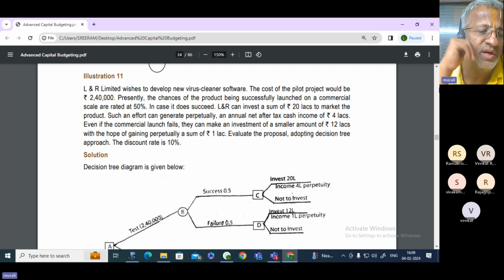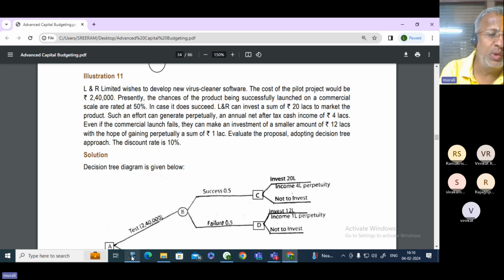Such an effort can generate perpetually an annual net after-tax cash flow of 4 lakhs. And if the launch fails, they can make an investment of a smaller amount of 12 lakhs with the hope of gaining perpetually a sum of 1 lakh. Evaluate the proposal, adopt a decision tree approach, and the discount rate is 10%.